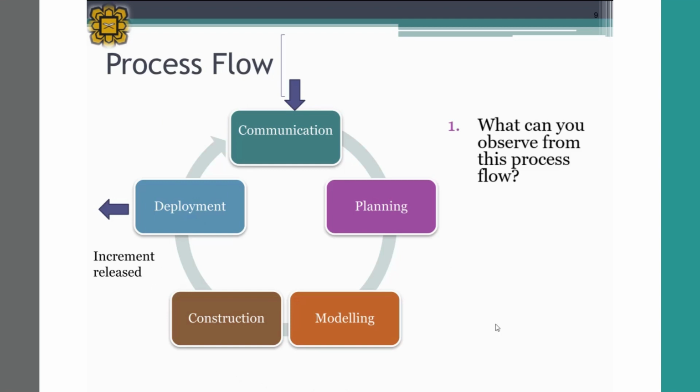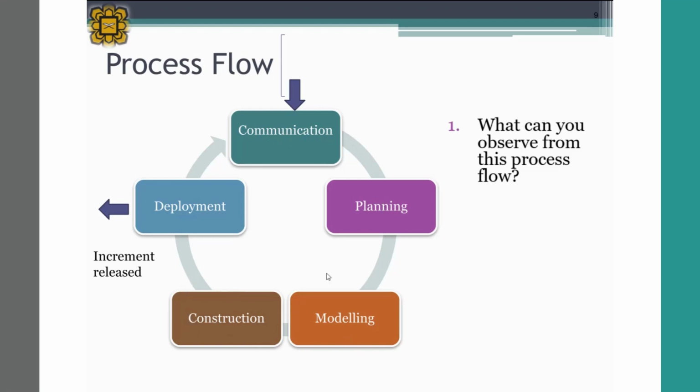So first you get the input and you perform the communication phase, then you move on to the planning phase, modeling, construction, deployment. Now the difference is that if you have anything to fix, I mean the next version for example, you go and iterate the next cycle. So you communicate again and plan, model, and build construction.